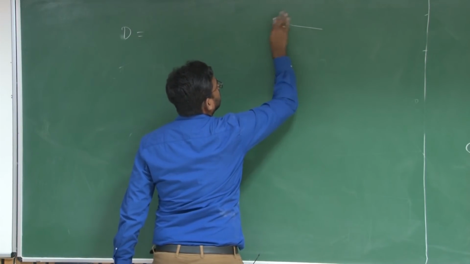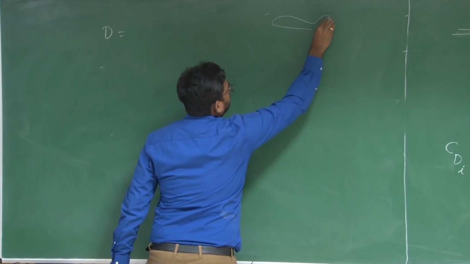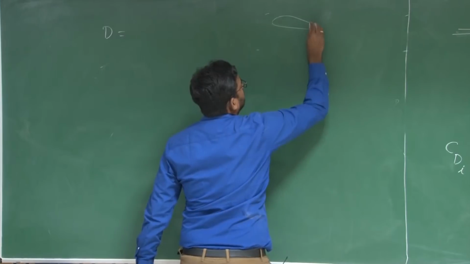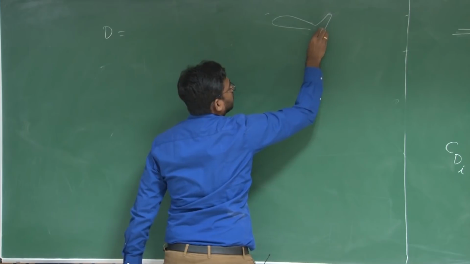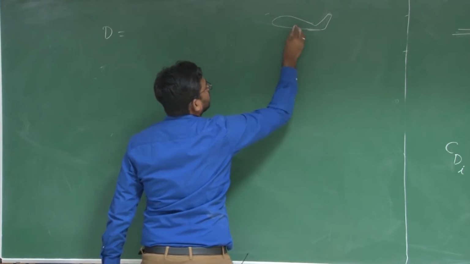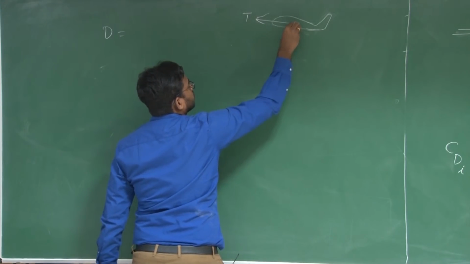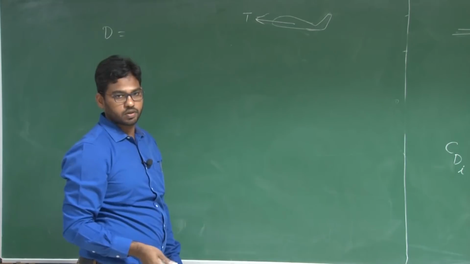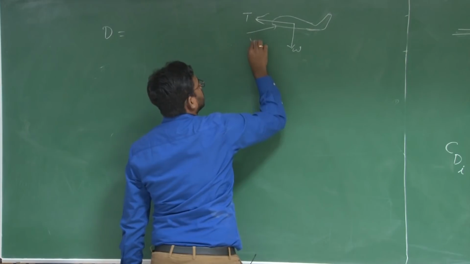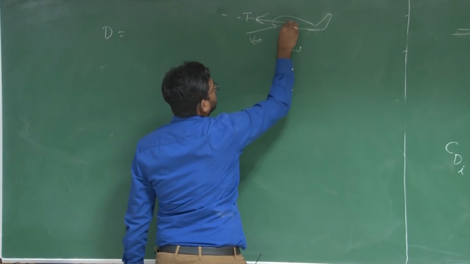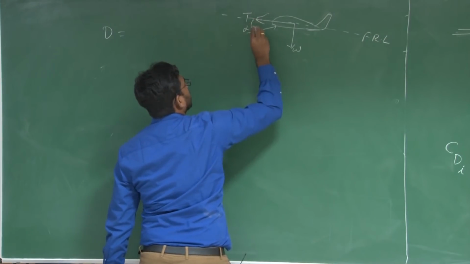So say this is your aircraft, and you have thrust, which helps the aircraft to move at the required velocity, and you have weight, and say this is your V infinity, and say this is your fuselage reference line, and this is your alpha.